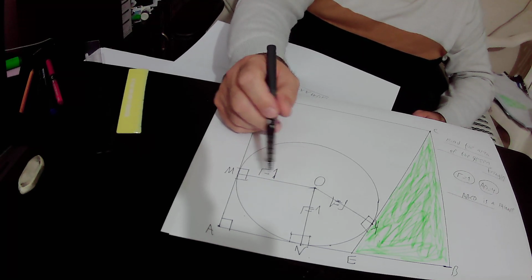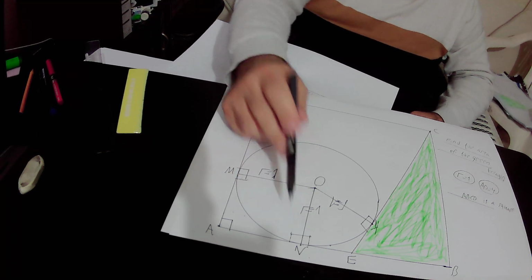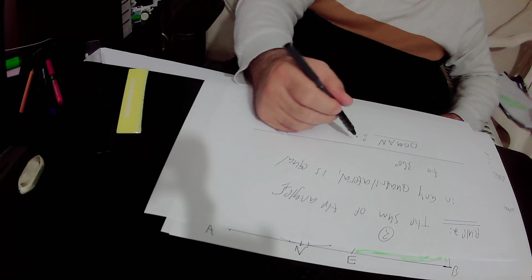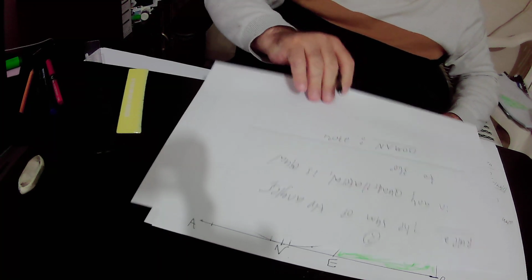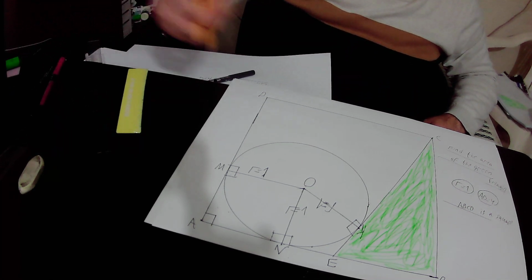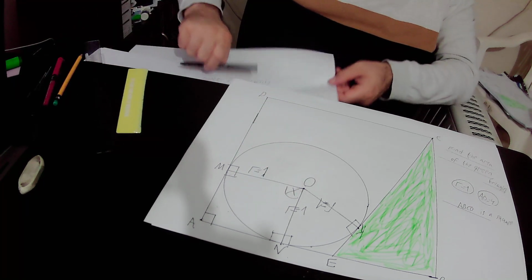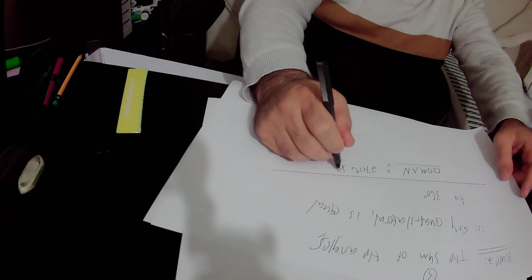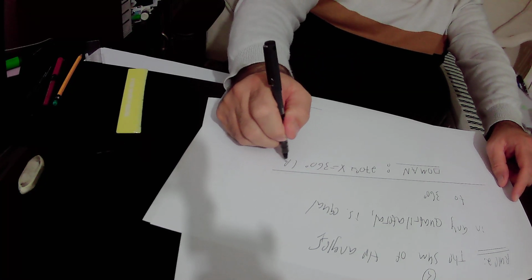Which angles do we have here? We have 1, 2, 3 right angles. The sum of 3 right angles is 90 times 3, which is 270 degrees, plus the size of the fourth angle, which we will define as angle X. The sum of those 4 angles must be equal to 360 degrees according to rule number 2.